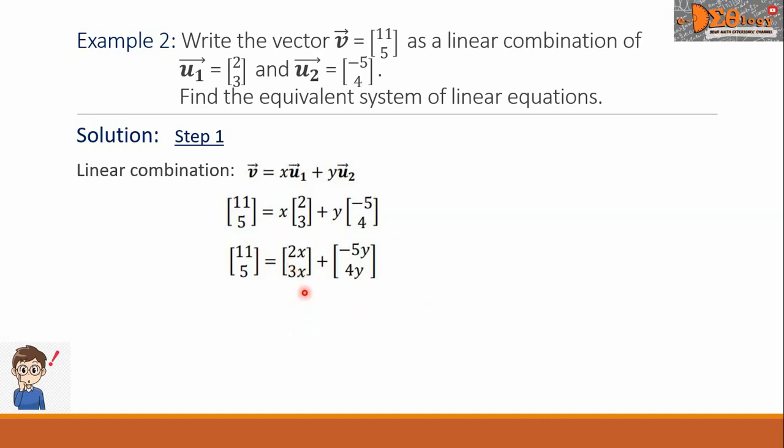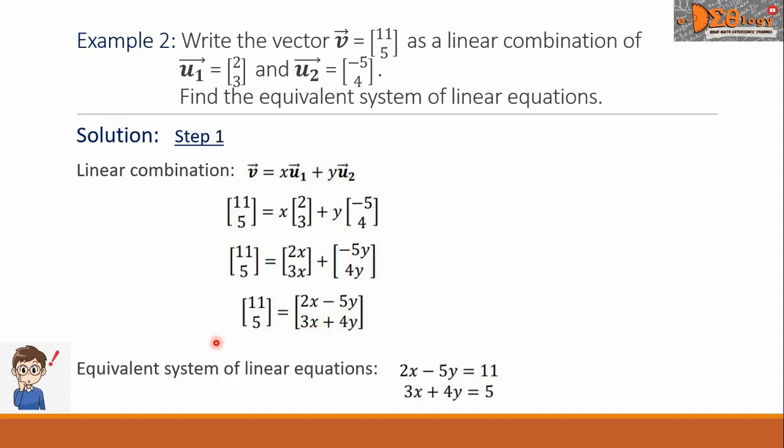Then we can add the two matrices on the right. So we have now 2x minus 5y, 3x plus 4y. With regard to the equivalent system of linear equations, we have this 2x minus 5y equals the constant 11. And the second equation, 3x plus 4y equals 5. This is now the equivalent system of linear equations.